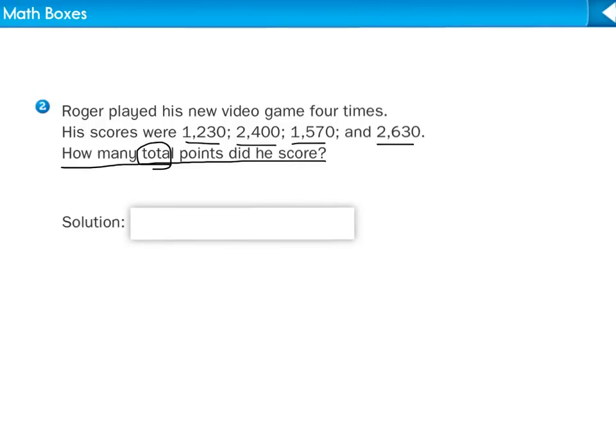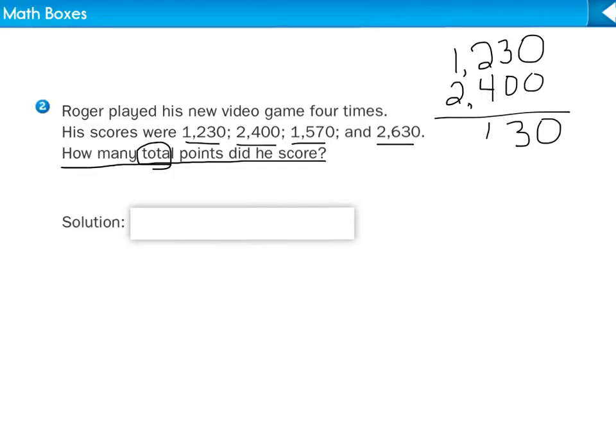So again, I'm going to add only 2 digits at a time. So I'm going to take that first one, 1,230 plus 2,400. Add those two first. 0 plus 0 is 0. 3 plus 0 is 3, 2 plus 4 is 6, 1 plus 2 is 3.